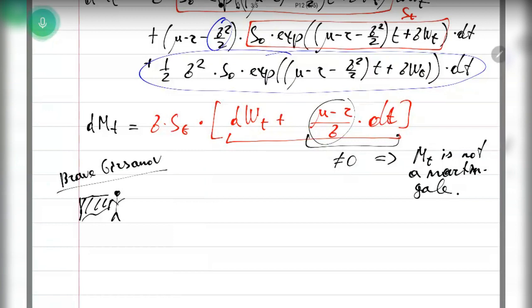He says, okay, let's consider Wt star, that is Wt plus (mu minus r) over sigma times t.